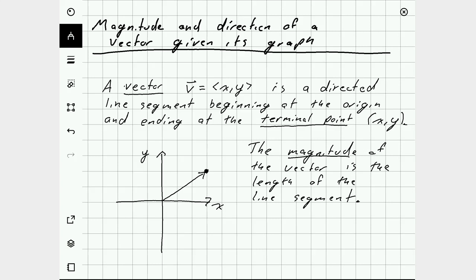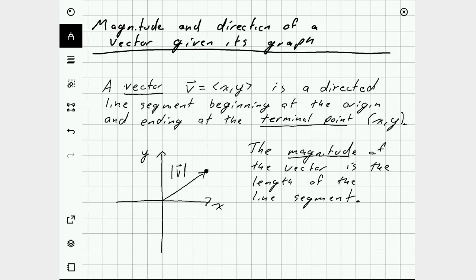The magnitude of the vector is the length of this line segment. So if we have a vector drawn here, the magnitude, again, there are several different notations that we could use for magnitude. Our textbook doesn't actually use any notation at all, so I'll just mention that my personal favorite is to use an absolute value bar.